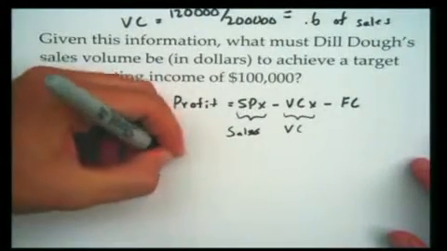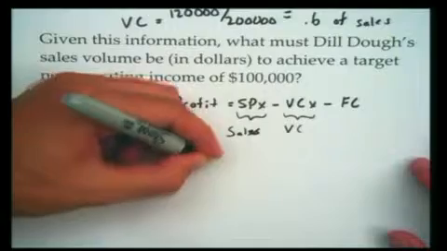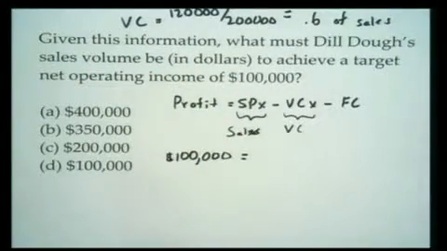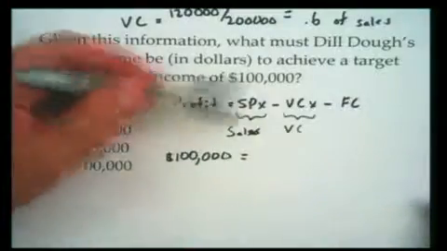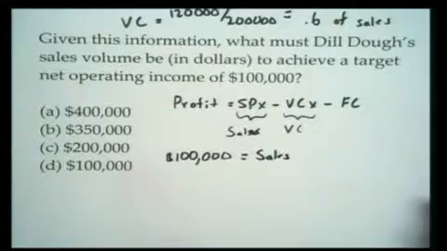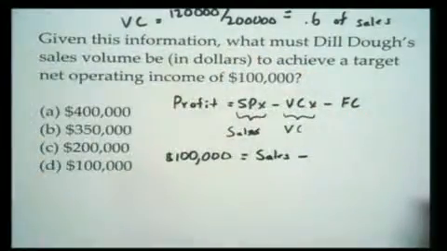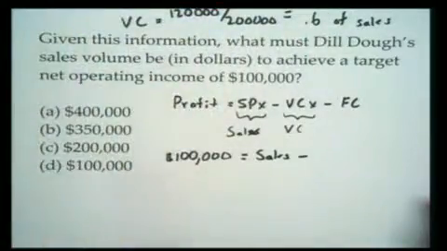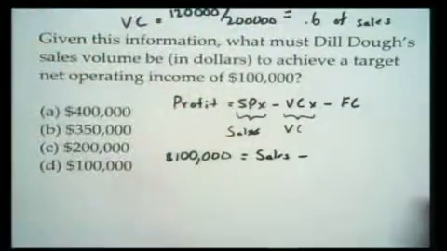So, okay, cool. Now we can fill this out and do a little bit of extra algebra. The profit that we're looking for is $100,000. If it just said break even, we'd set it to zero, but it added a little more convolution to the problem: what do we have to do to get a profit of $100,000? So $100,000 equals selling price times X, which we're just going to call sales, minus what? I know that variable costs are 60% of the sales.